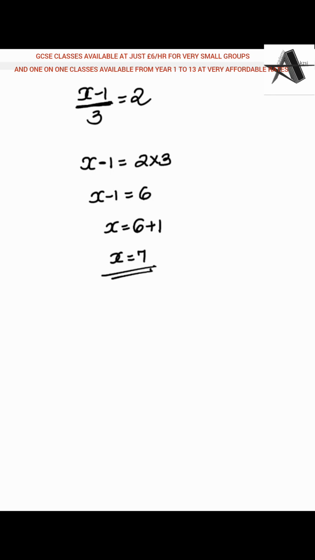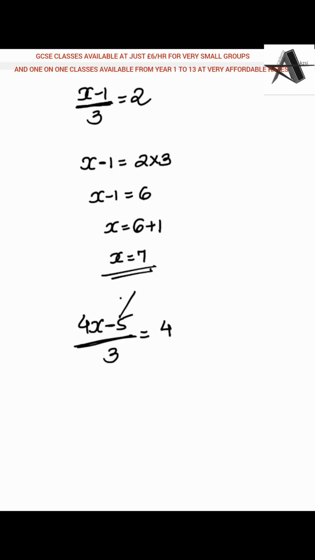So moving on, let me take one more question, which is just the combination of multiplication, subtraction, and everything. This is (4x minus 5) over 3 equals 4. Well, you can clearly see this is the whole division.